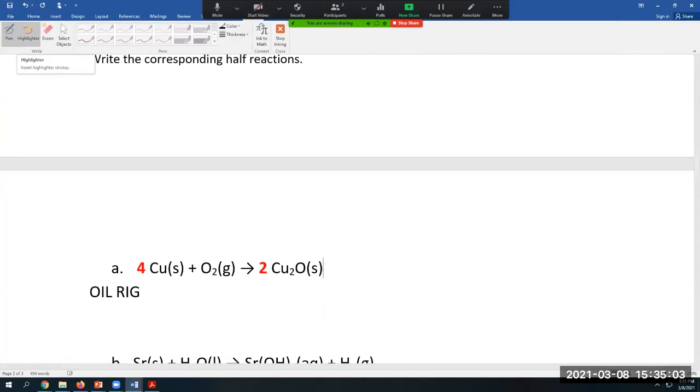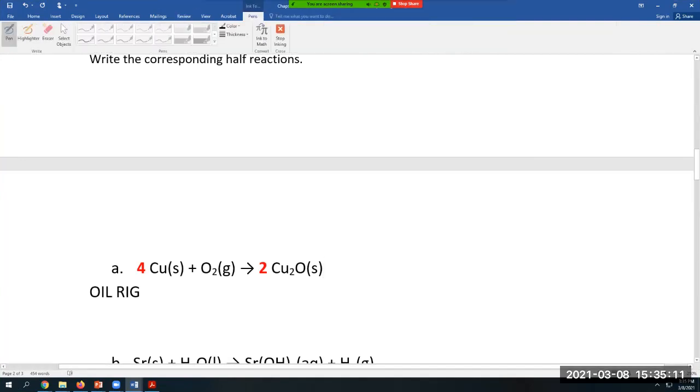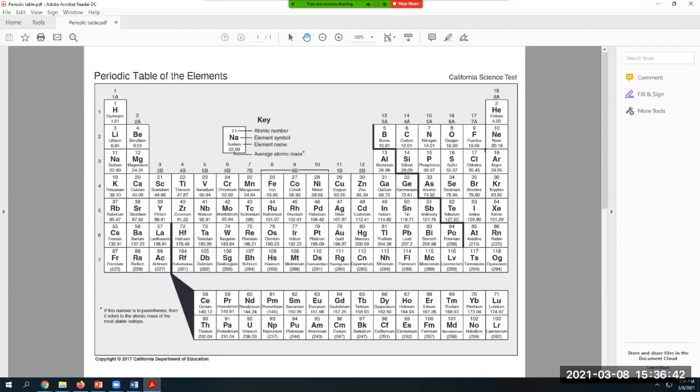So we will use the oxidation state of elements when they are metals, like here copper is a metal. And if we look at the periodic table, you see copper there, a transition metal.